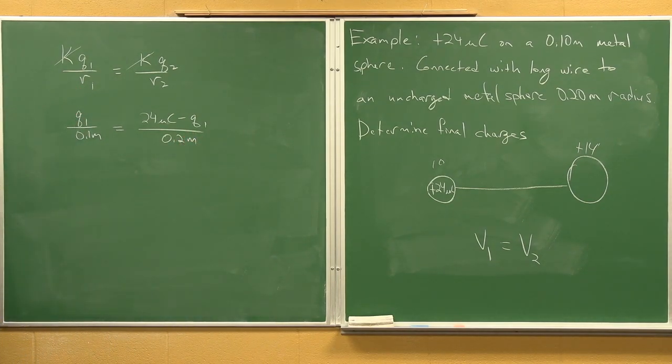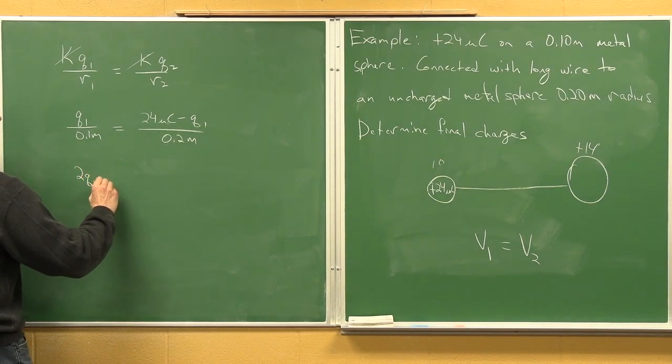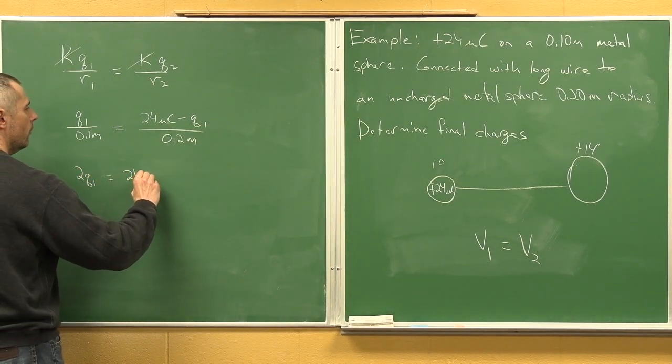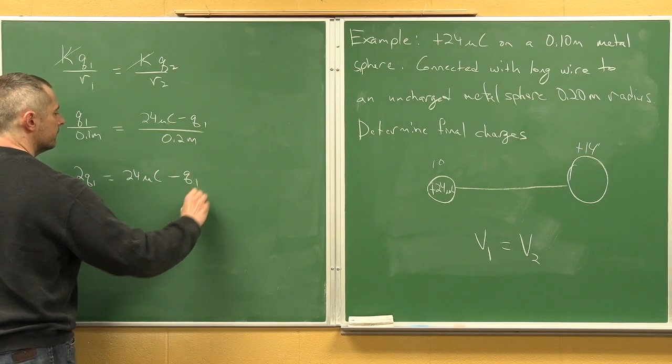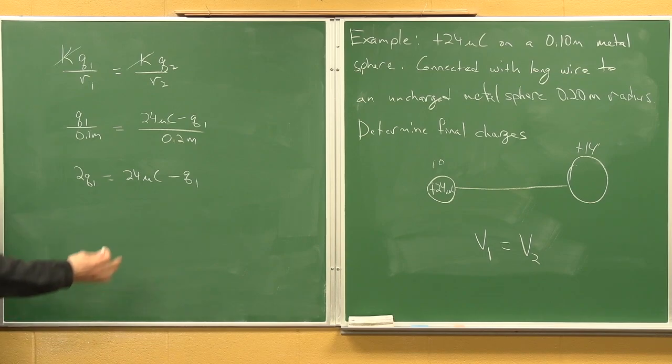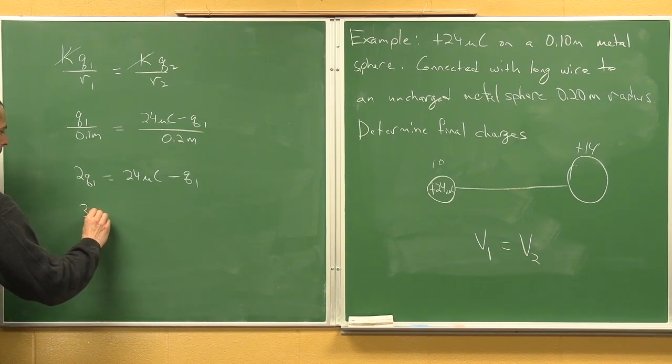What I could do is multiply both sides by 0.2, giving me 2Q1, 24, add Q1 to both sides, I get 3Q1.